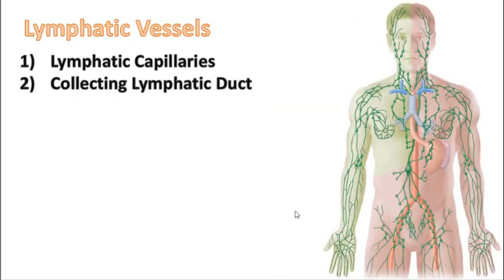Now, from the lymphatic capillary, the lymph is going to move and be delivered to the collecting lymphatic ducts. Those are all collecting lymphatic ducts that you see throughout the body. As they go, they pass through the lymph nodes.